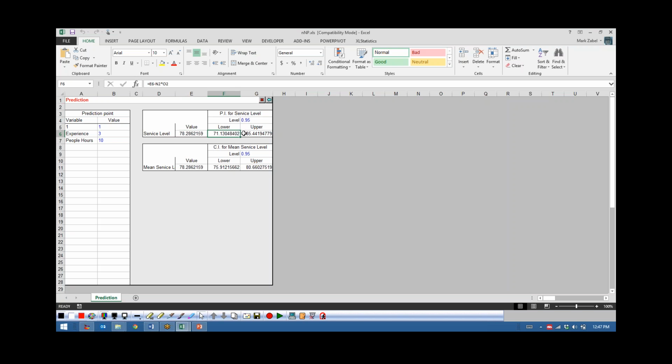But actually, on any given day, it could be between 71% and 85%. Over average, this is what we're going to expect. We're going to expect 78, but our best guess is 78, but all bets are off between 75.6 and 80.6.